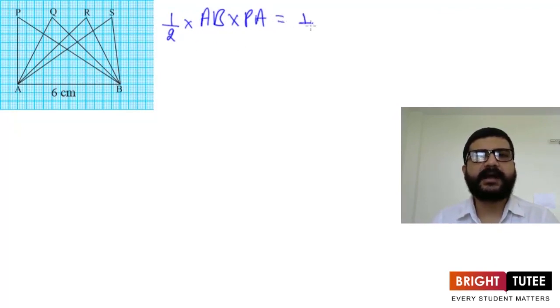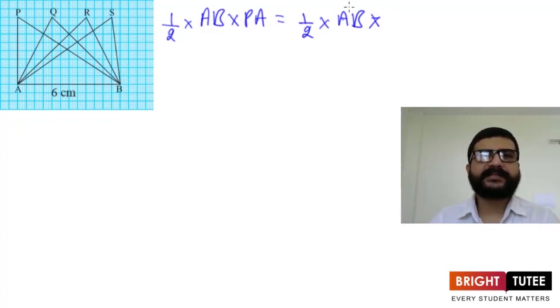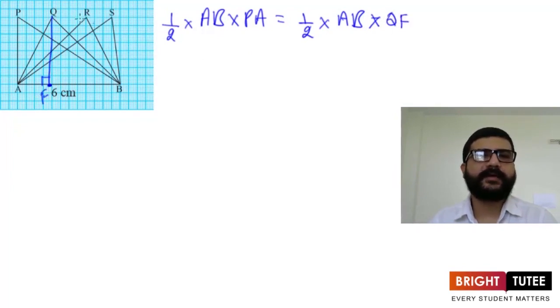This will be equal to half into AB into, for triangle QAB the height will be PA only. From here we can draw one perpendicular on this base like this. Let's take this point as F. We can write it as QF, but we know QF is equal to PA only.